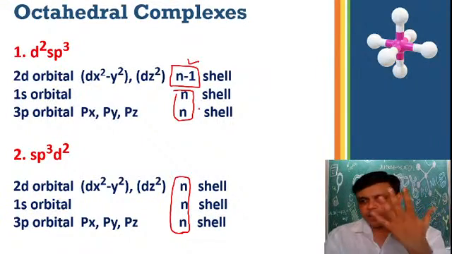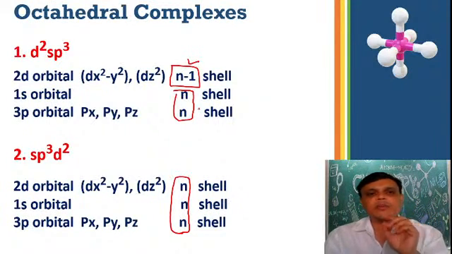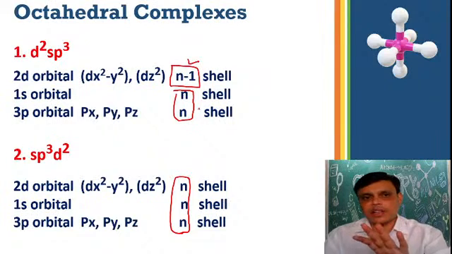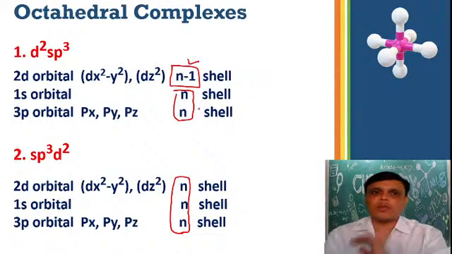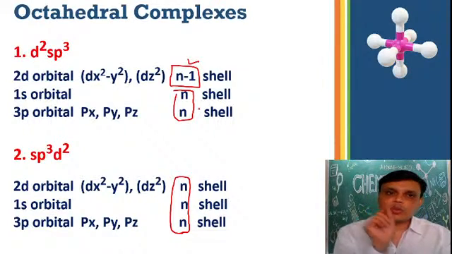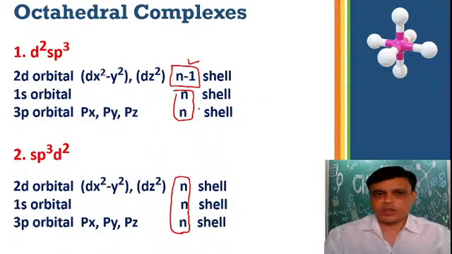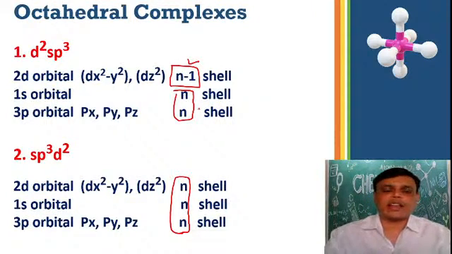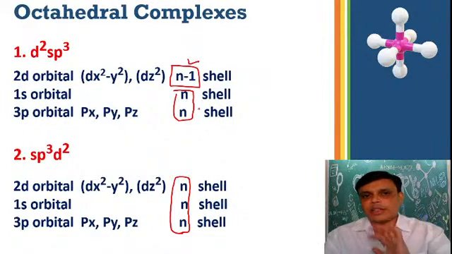Out of these 5d orbitals, only dx square minus y square and dz square are involved in the bond formation. Now my question is, why only these two orbitals are involved in bond formation, and why not dxy, dxz and dyz?